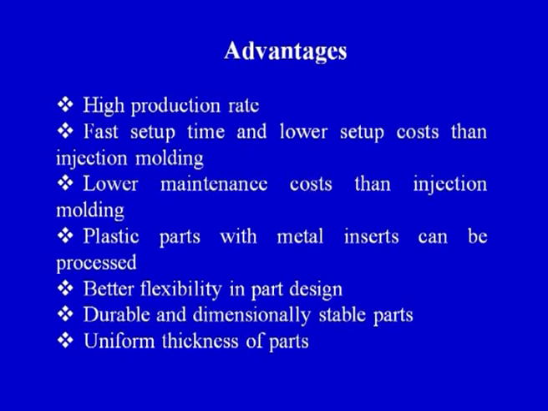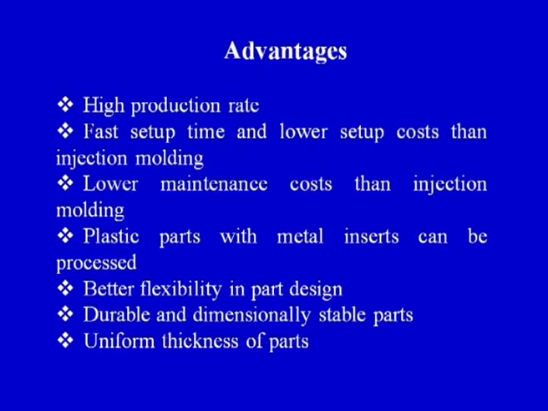Plastic parts with metal inserts can be processed. We will see in the applications how metallic inserts can be put inside the plastic products. Other important advantages are the better flexibility in part design, because it is a closed mold process. The mold cavity is present between the two mold halves, so fairly complex designs can be made, and the material is flowing in the liquid state and is going to fill the mold cavity, so the associated problems can also be less.